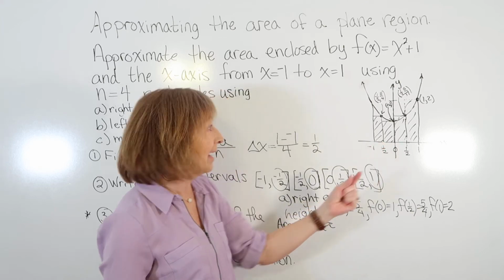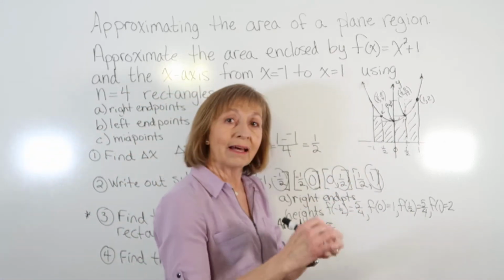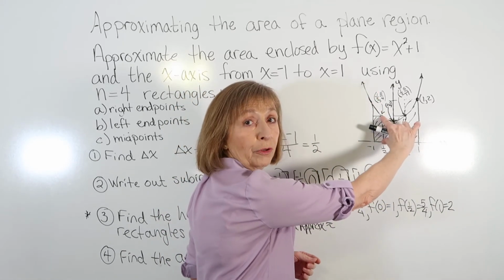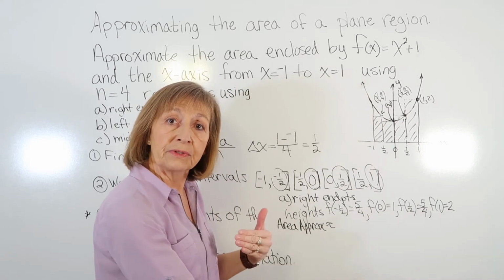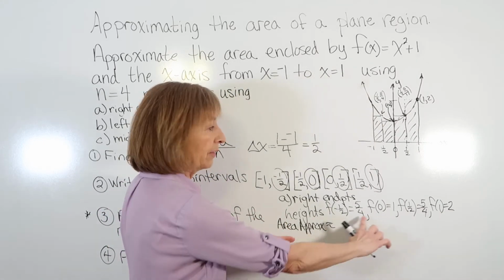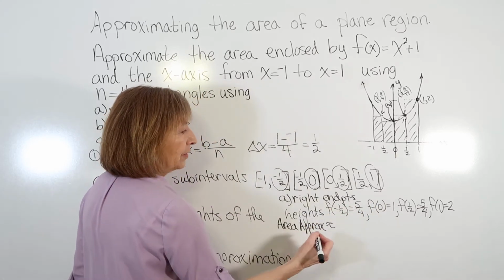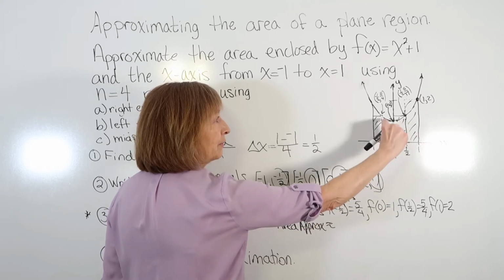So in this case, that is 1/2. And the height is the function output you got for whichever endpoint you were using. And here we're using the right endpoint. And those heights we got in the part that we wrote down. So we're going to go base, which is 1/2, times your height.